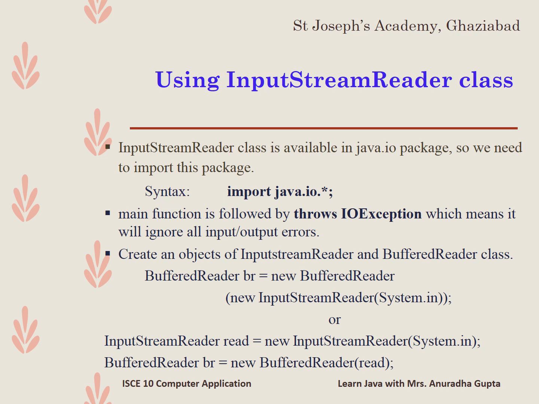In this syntax you have to learn which characters you have to make capital letters. Buffered B capital, Reader R capital, Input I capital, Stream S capital, Reader R capital, and System S should be in capital. We can create these two objects with two different statements.